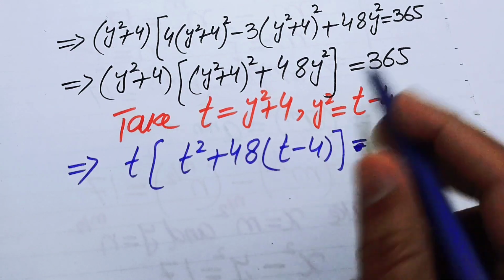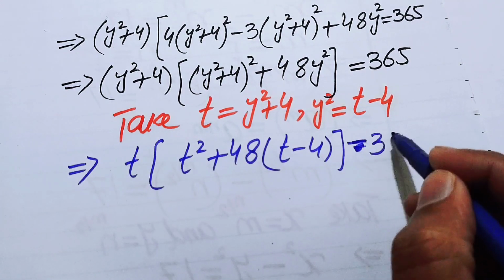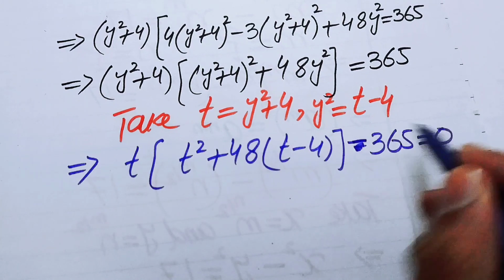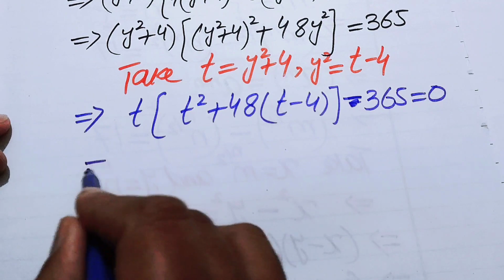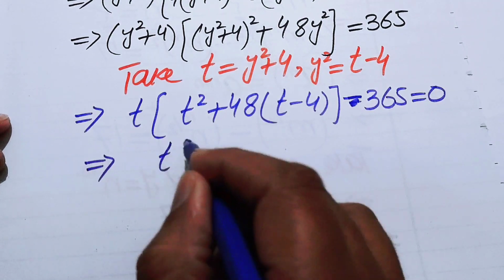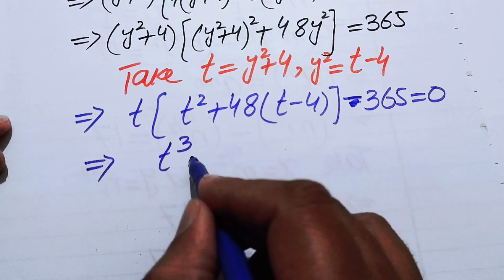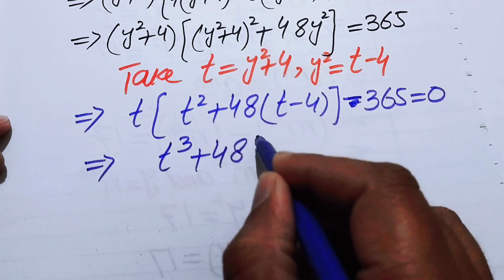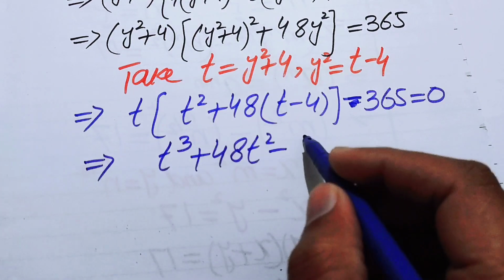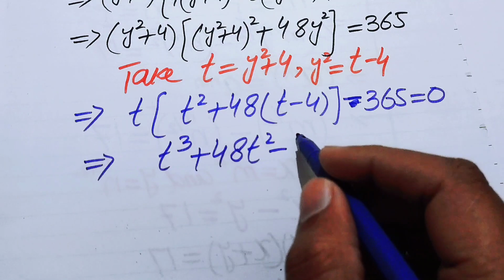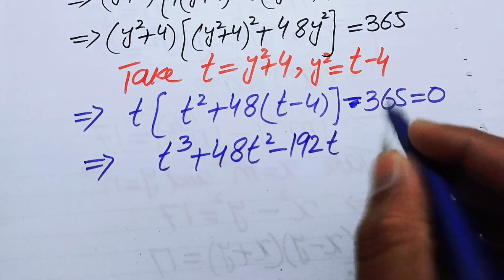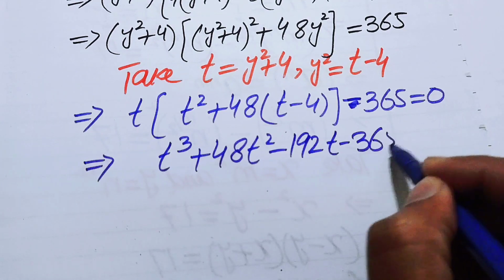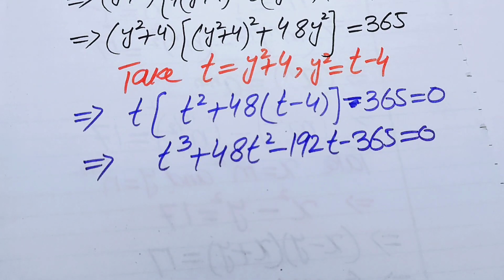So we move this 365 to the left hand side, it becomes minus 365, and this whole equation equals 0. So now we multiply t on each of the terms, and you will get here the cubic equation, which is t cubed plus 48 t squared minus 48 times 4, which is 192 t, minus 365 equals 0.